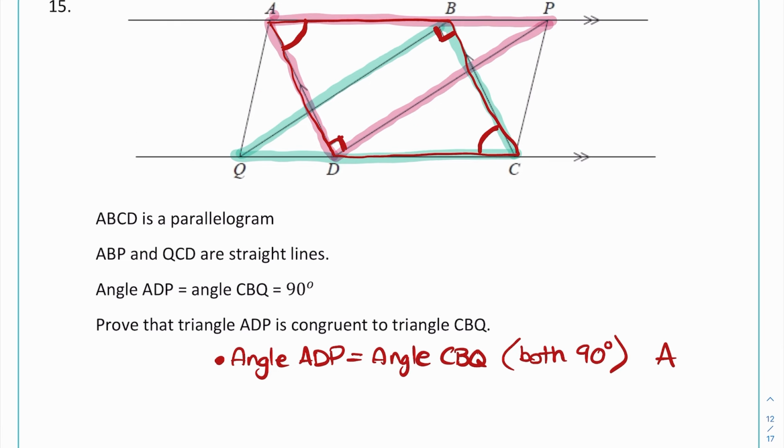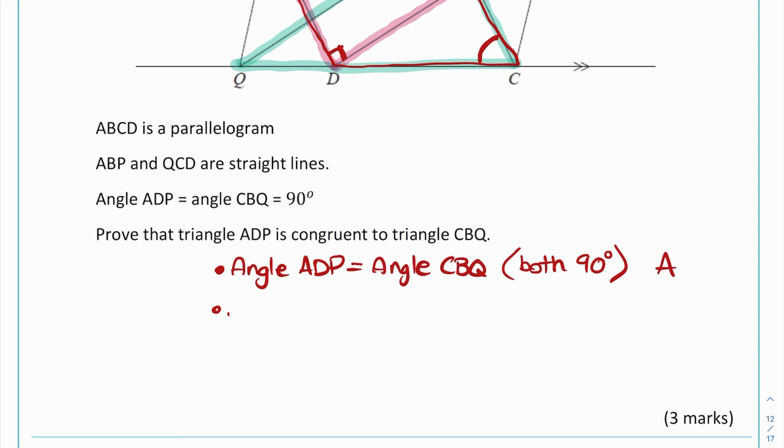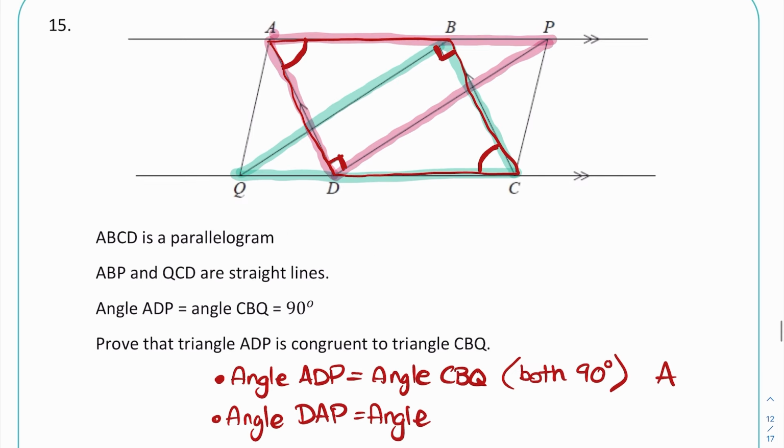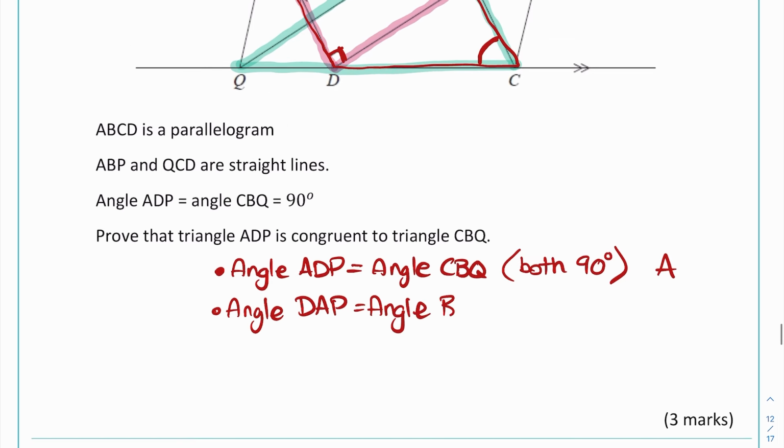So the angle in the pink triangle is PAD or DAP, however you want to write that. So angle DAP is equal to angle, and let's find that angle in the green triangle, BCQ. So angle BCQ, and our reason for that, opposite angles in a parallelogram are equal.